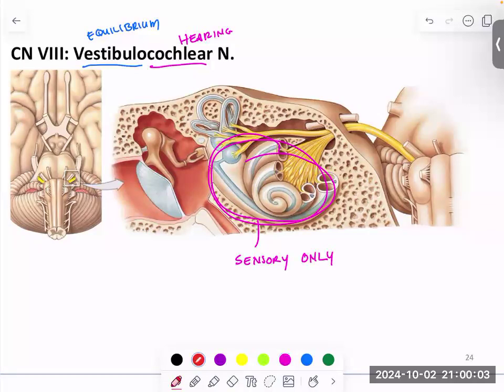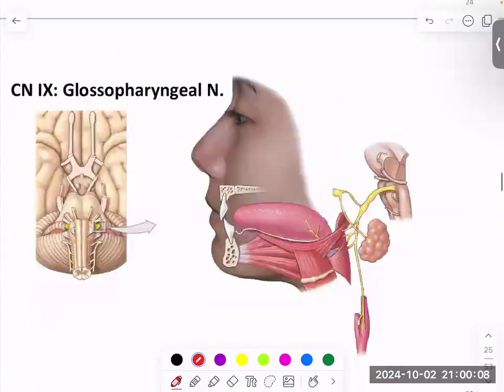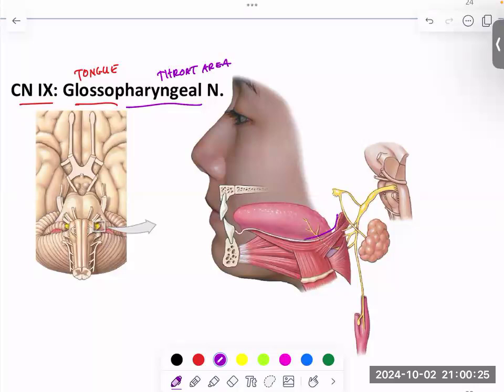Cranial nerve number 9. Glossopharyngeal. Glosso means tongue. The pharynx is like the throat area. Glossopharyngeal. The throat area.